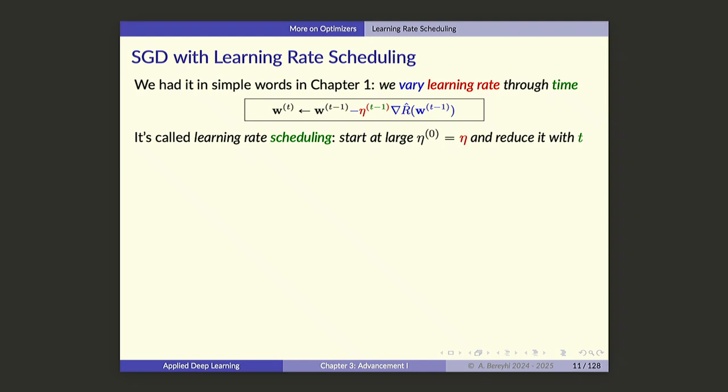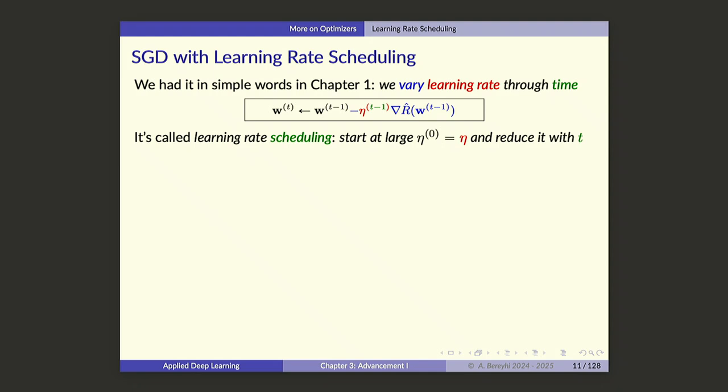Because if I am somewhere at the top and I want to just hit the bottom, I can skip a good part of the way by just being very, very fast or taking a very large step. And then once I get closer and closer to the optimum point, then I'm going to just make it smaller and smaller, right? So this is the idea.